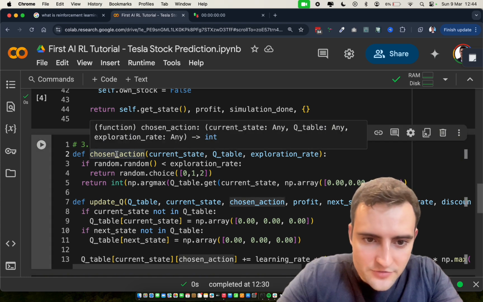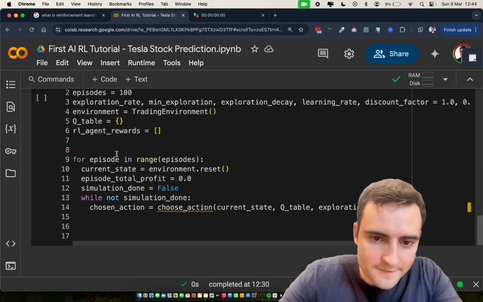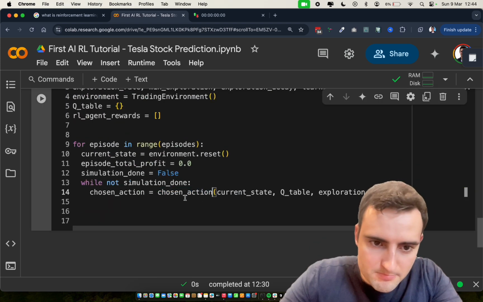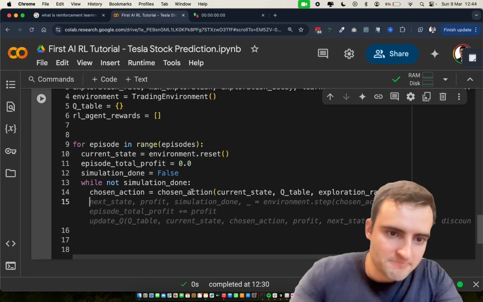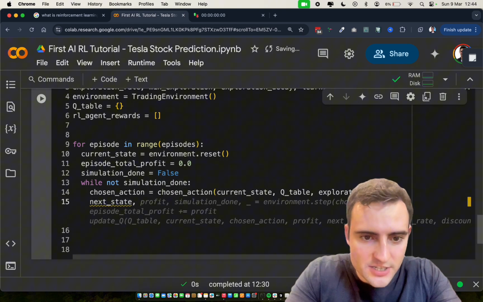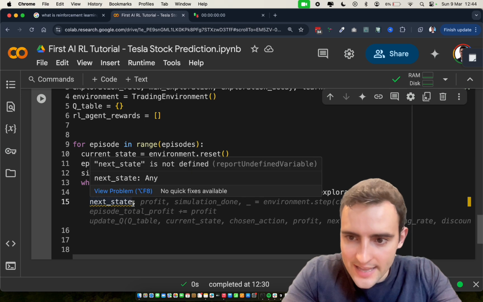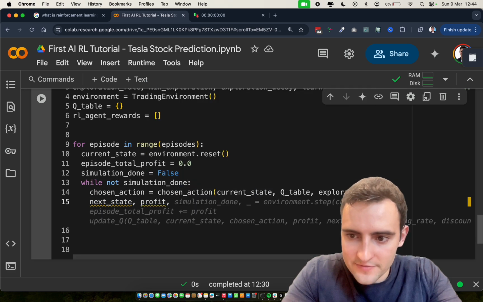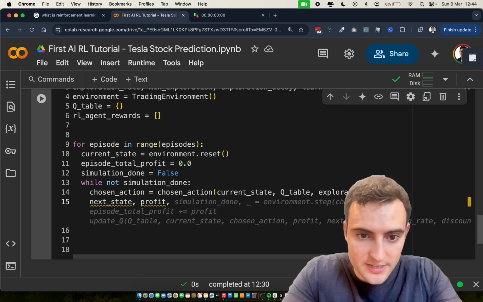Actually, sorry, instead of choose action, it said chosen action. So here we write chosen action, right? And so it chooses the action. And then what's the consequence? So we then have a next state from that action. We have the profit. And we also have whether the simulation is done or not.